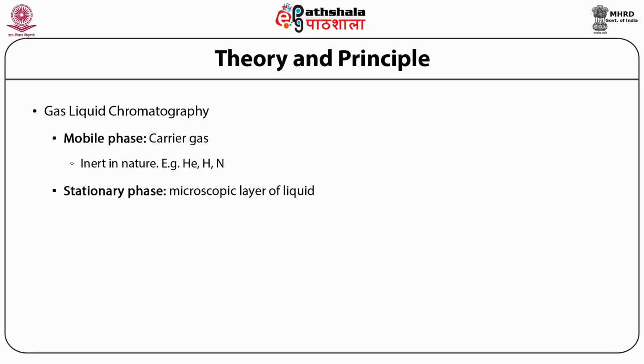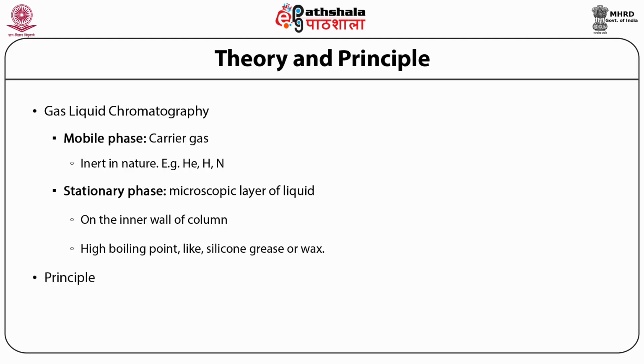The stationary phase in gas liquid chromatography is a microscopic layer of liquid inside the column made of either metal or glass. The liquid material used for the stationary phase has a high boiling point, like silicone grease or wax. To obtain better results and maximum column efficiency, there should be an optimum flow rate of the mobile gas phase.